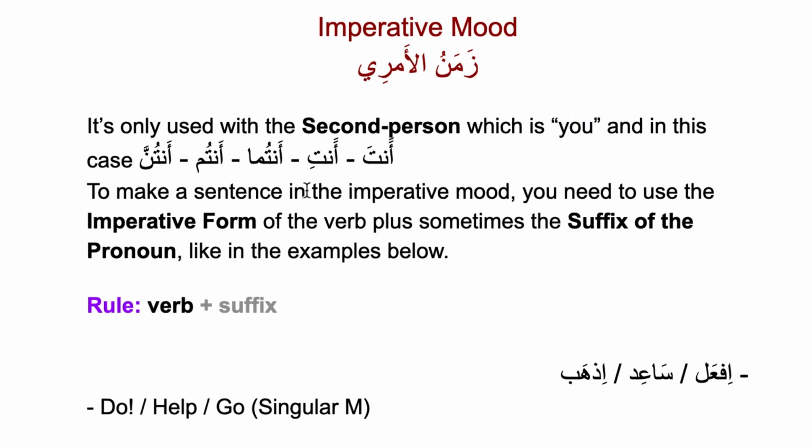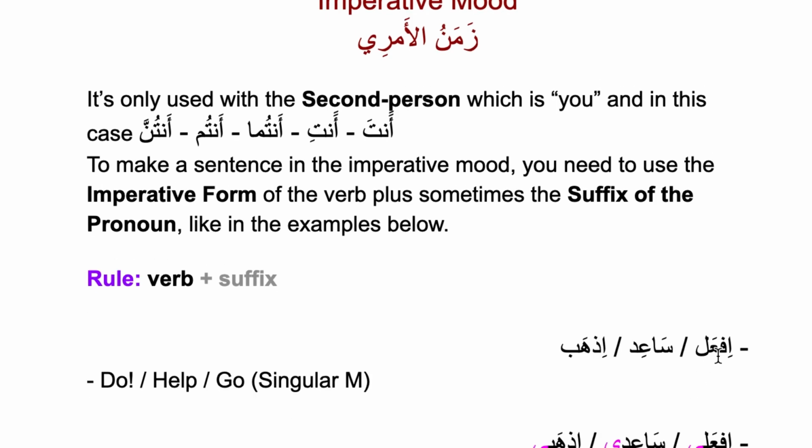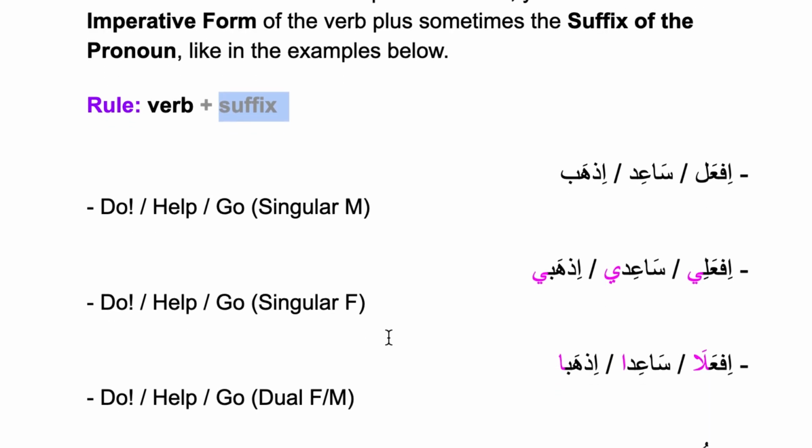And to make a sentence in the imperative mood, you need to use the imperative form of the verb plus sometimes the suffix of the pronouns. For example, if'al is the imperative mood of the verb do. And using the imperative mood of the verb without any suffix means that you are telling the second person, which is you, and in this case, anta, to do something.